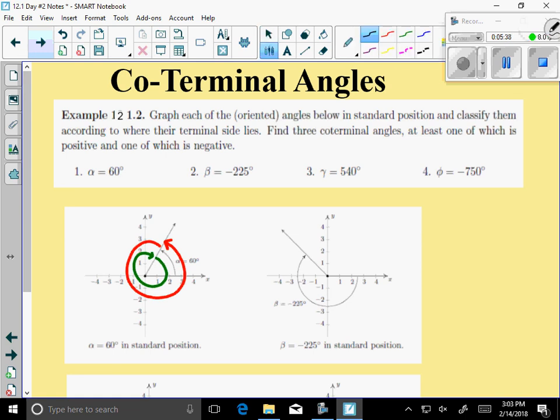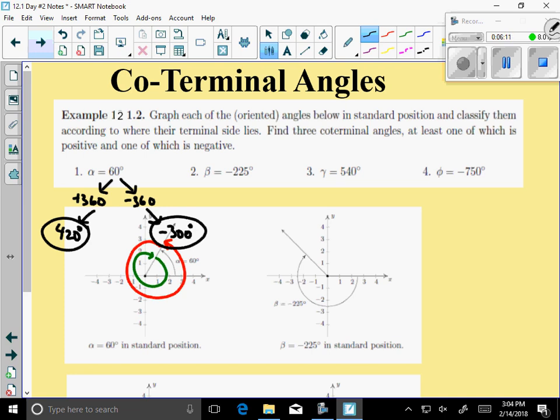So to find my positive and negative coterminal angles, I'm going to add 360 and subtract 360. And if I do that, what do I get? Well, it looks like I get 420 degrees and negative 300 degrees. A positive and a negative coterminal angle, all of which would have the same terminal side.